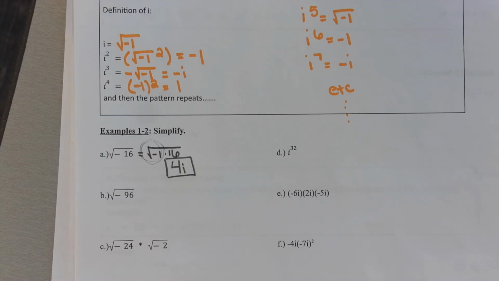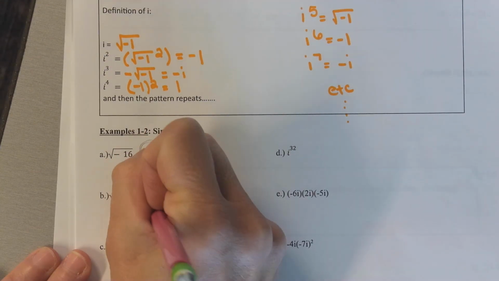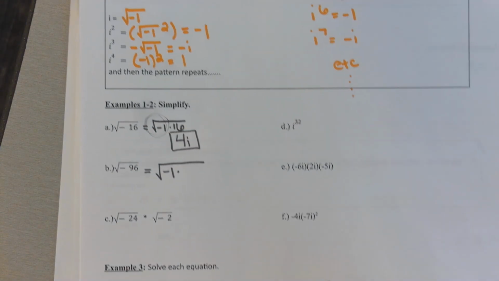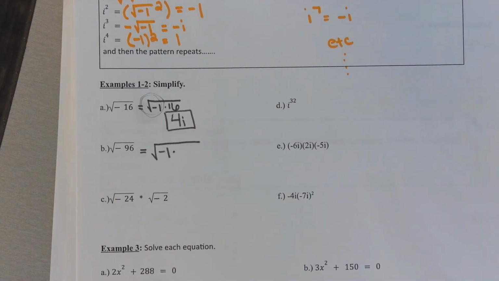Let's go down to part B. I'm going to break this one apart too. -1 times 96. Is 96 a perfect square? No, it's not on our list. Okay, so we've got to start thinking about things that are perfect squares, and we could even make a list for ourselves.